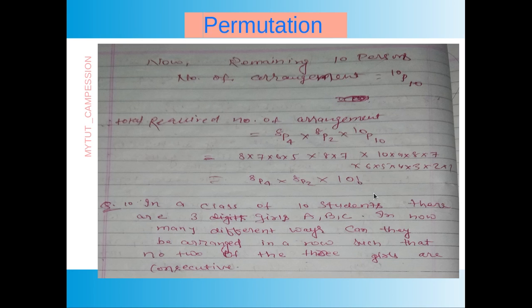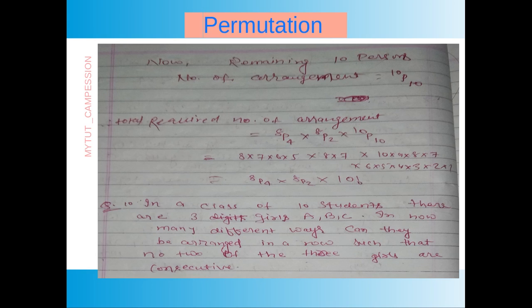Now the 10th question: in a class of 10 students there are 3 girls A, B, C. In how many different ways can they be arranged in a row such that no two of the 3 girls are consecutive?